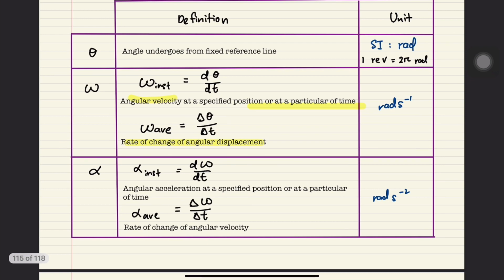Okay, back to this one. In SI unit we have radian per second. If not in SI unit we have an alternative, maybe we can use RPM. RPM stands for revolution per minute.